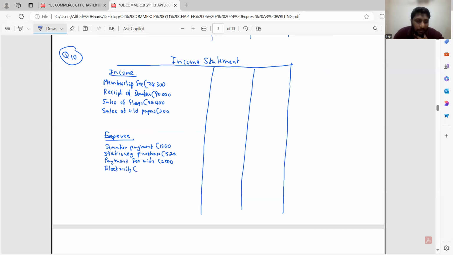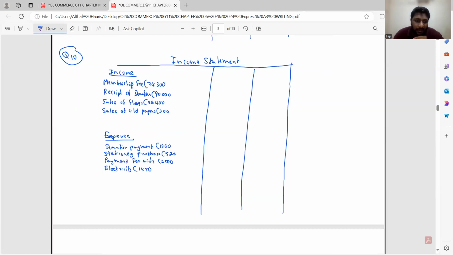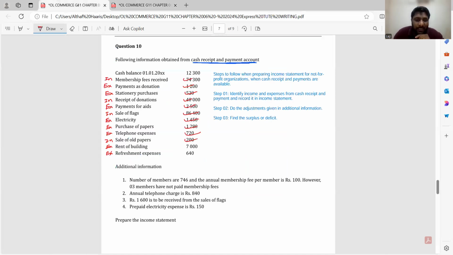Purchase of papers, 1,280. Telephone, 720.